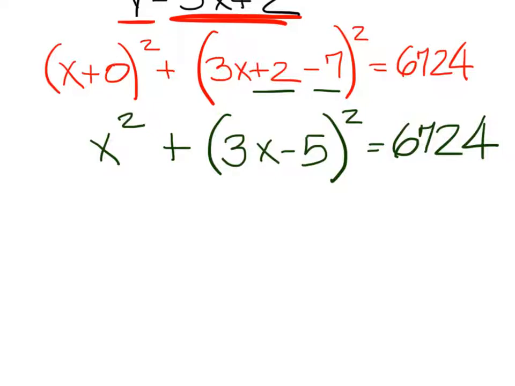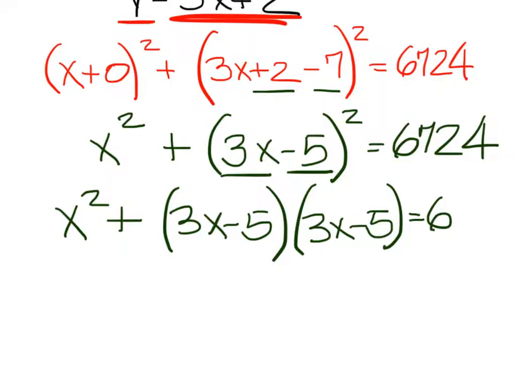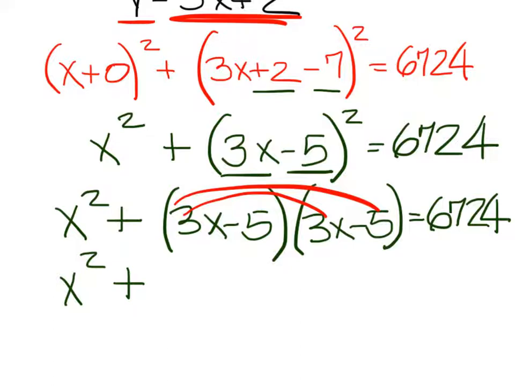Now we need to expand out this thing here. X squared plus the quantity 3x minus 5 squared. Squaring that quantity is the same thing as multiplying it by itself. And if I multiply it by itself, I have to do multiplication here, multiplication there, and then here and here.